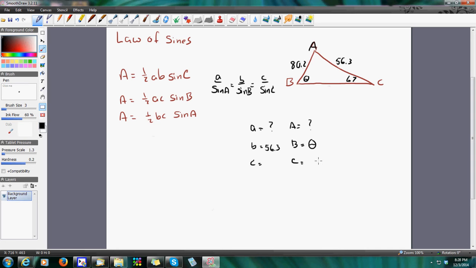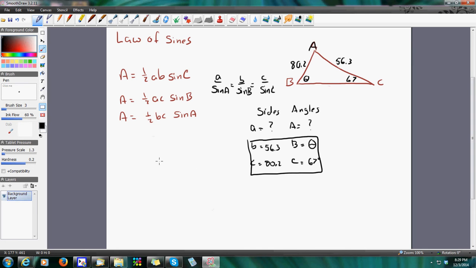And this is 67 degrees, and this is 80.2. I like to do this because it helps me keep things organized. And I always say, if you can draw a box around them, then you're in great shape. Then you can use a lot of sines.